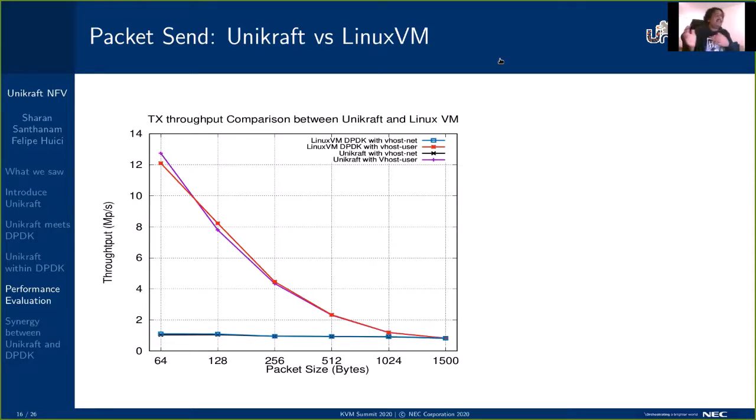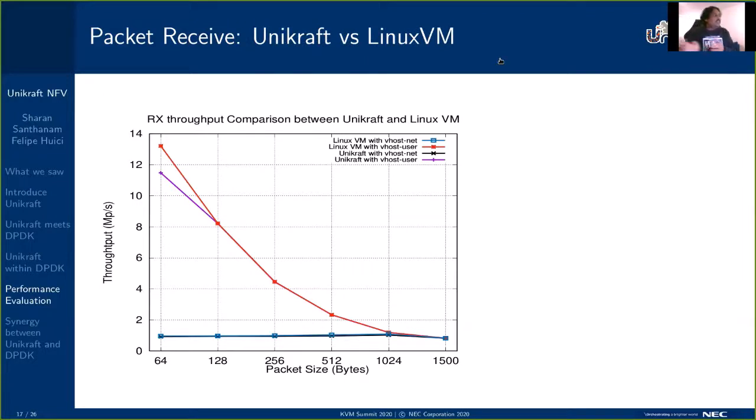We measured it in 4 mechanisms. One is using vhost-user, which is the DPDK accelerated version, and the other is vhost-net, which is the kernel accelerated version. In the Unikraft versus DPDK comparison, we are quite similar in transmission performance.